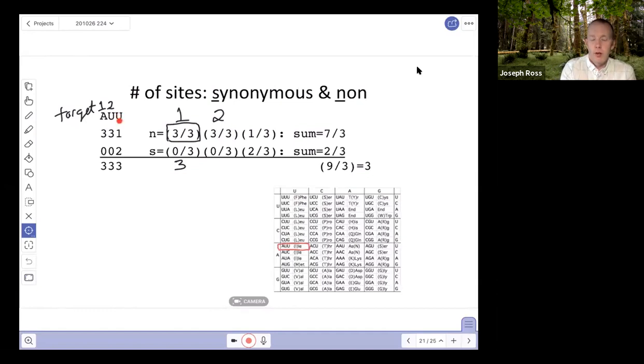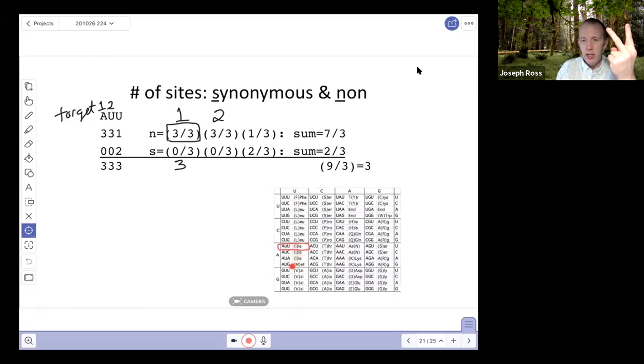AUU. So again, AUU encodes isoleucine. There are 3 different nucleotides that could replace U in the third position: C, A, and G. So if U mutates to C, that's synonymous, it doesn't change the amino acid. That's 1 synonymous change. U to A at the third position also encodes isoleucine, so that's our second synonymous change.